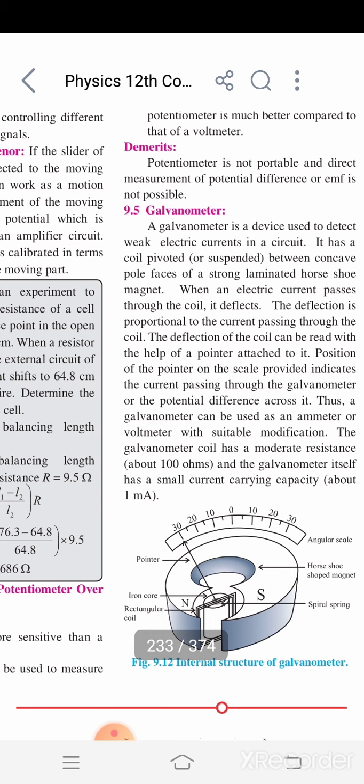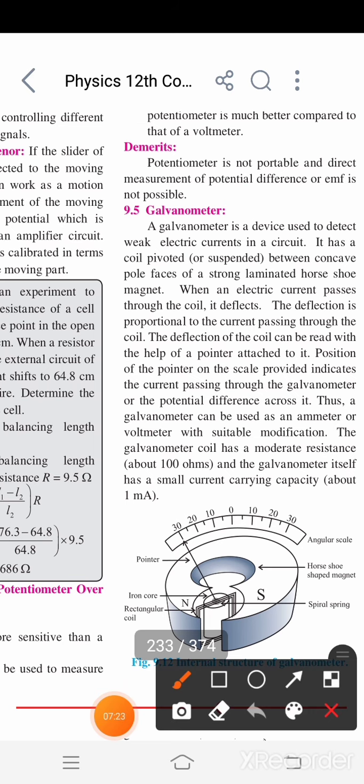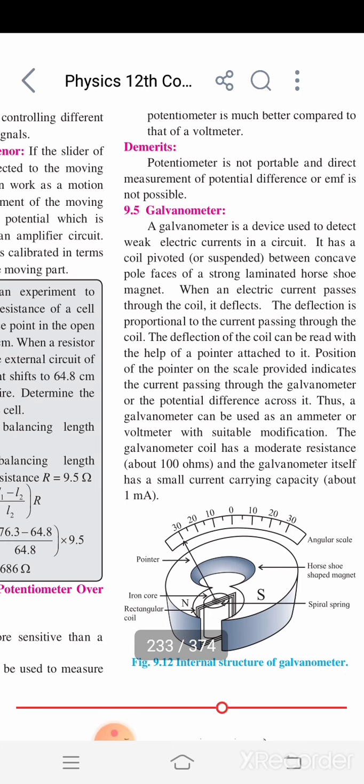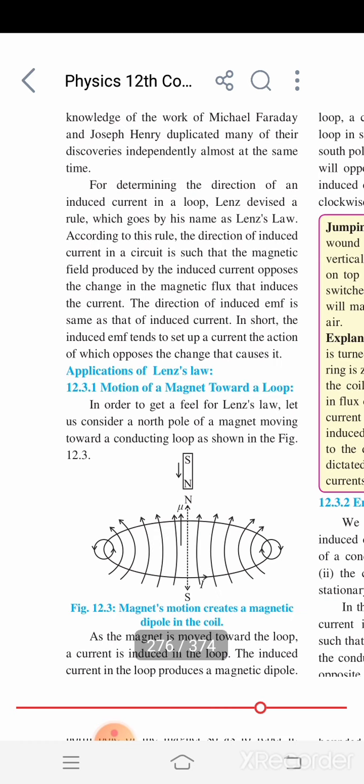That is the construction of the galvanometer, shown in figure 9.12. This figure shows the internal structure of the galvanometer.